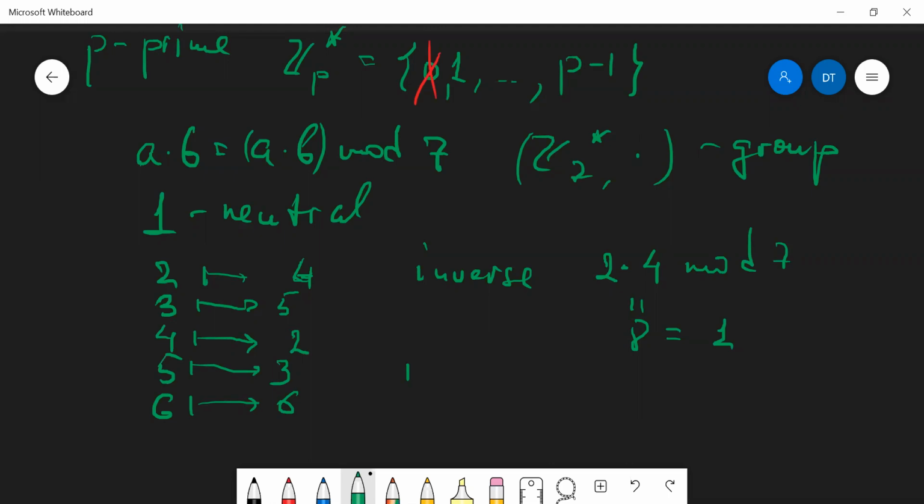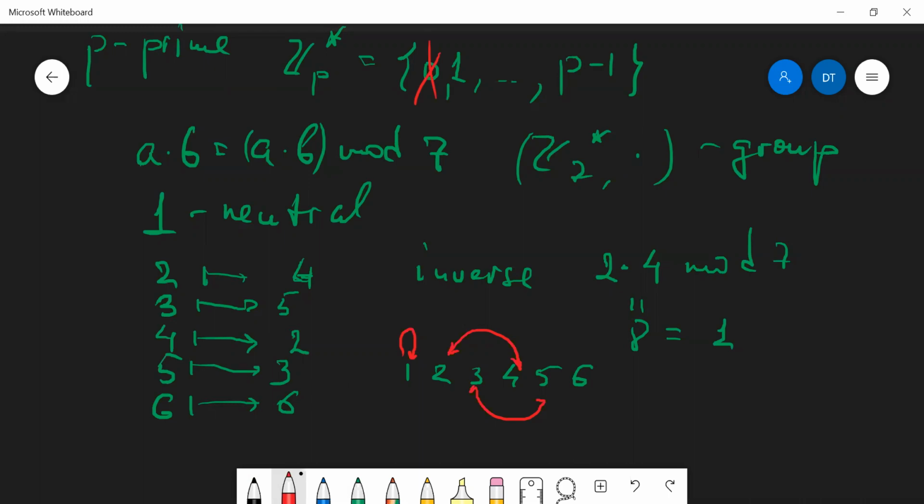Let me explain why you don't need to compute anything here, because the inverse for the neutral element is itself. The inverse for 2 is 4 and vice versa. The inverse for 3, oh, I'm writing 7 again. I don't know what this means today, but okay. So all elements split into pairs.